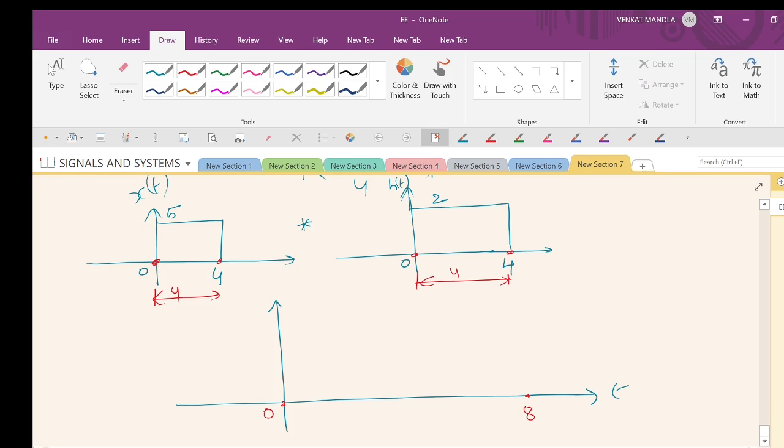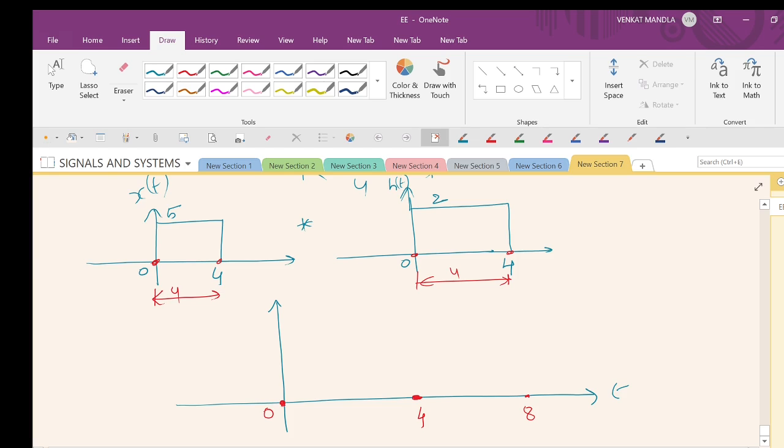The inclined lines are 4 units away from the 0 and 4 units away from the 8. So 8 minus 4, 4. And one more point is 4 units away from the 0. So 0 plus 4 will get 4 only.